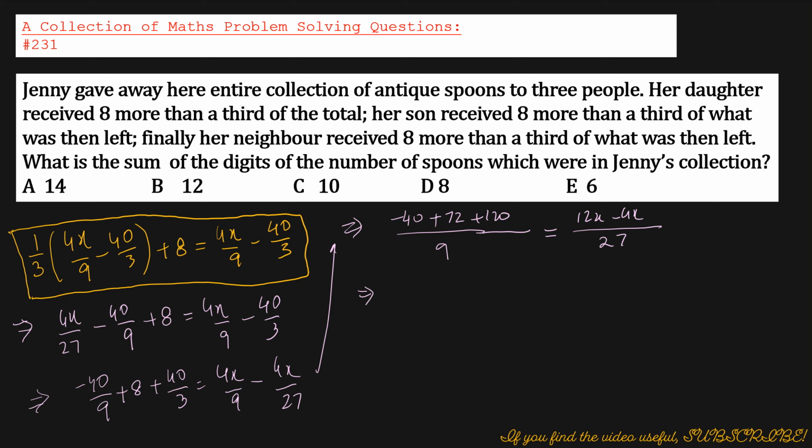So that implies you have 40 and 120, that's 80... 80 plus 72 is 152. So we would have 152/9 equals 8X/27.